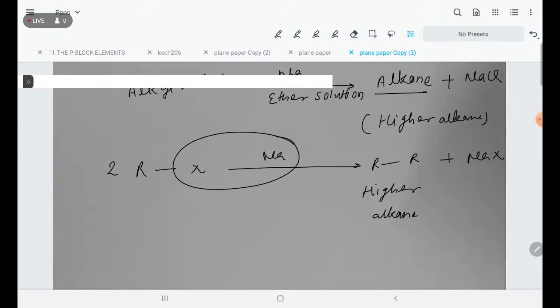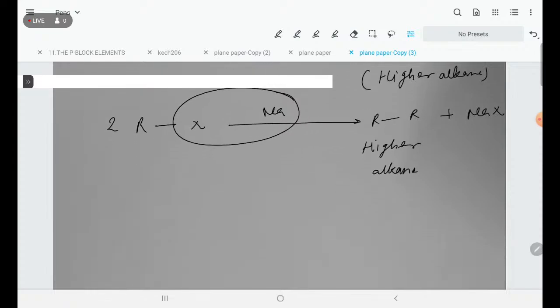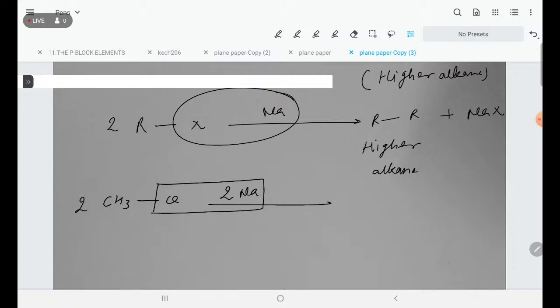Now, if you are having the example CH3Cl, I am taking and treating. This is CH3CH3 and plus it will give 2NaCl.